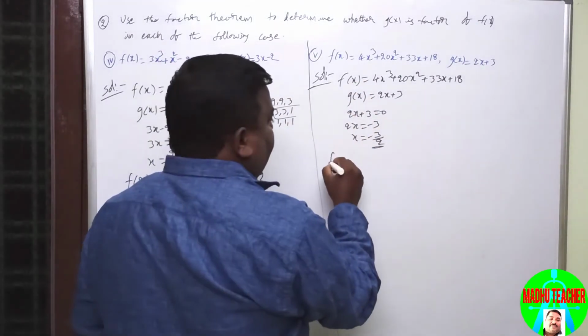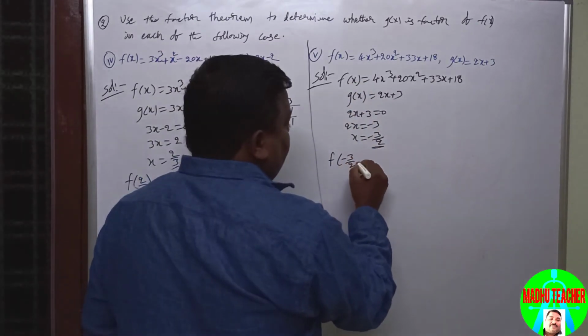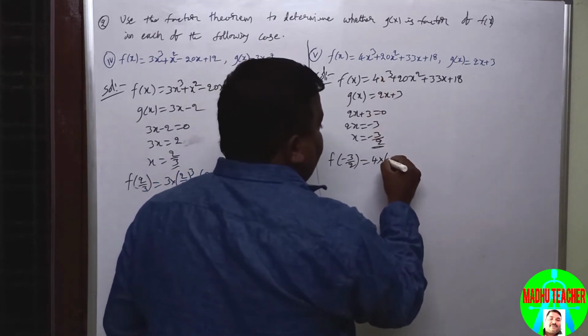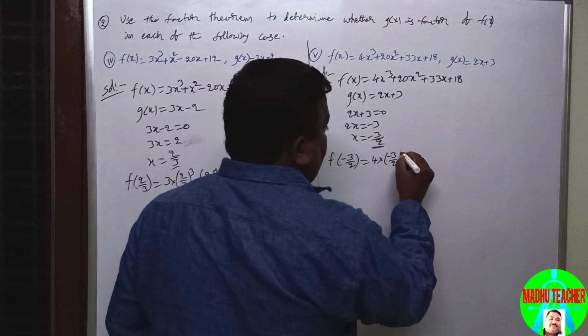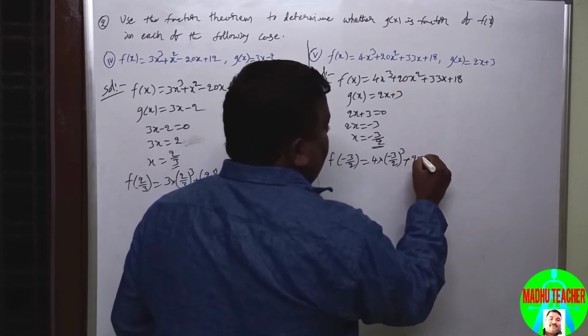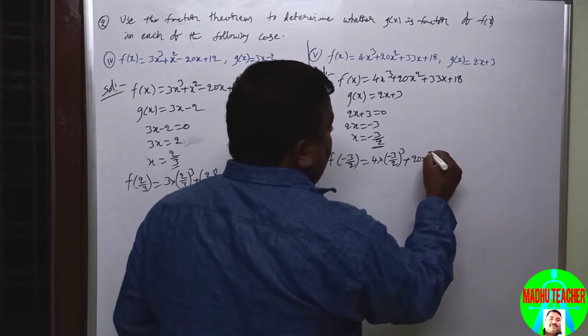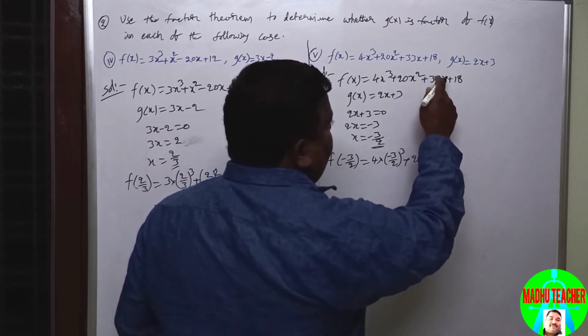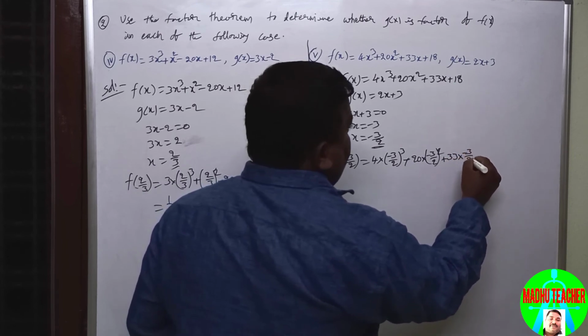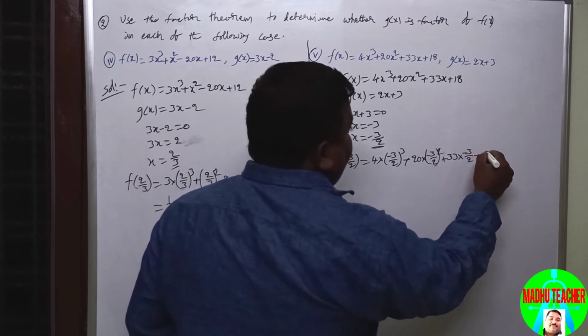You have to find f of minus 3 by 2. So that is 4 into minus 3 by 2 whole cube plus 20 into minus 3 by 2 whole square plus 33 into minus 3 by 2 plus 18.